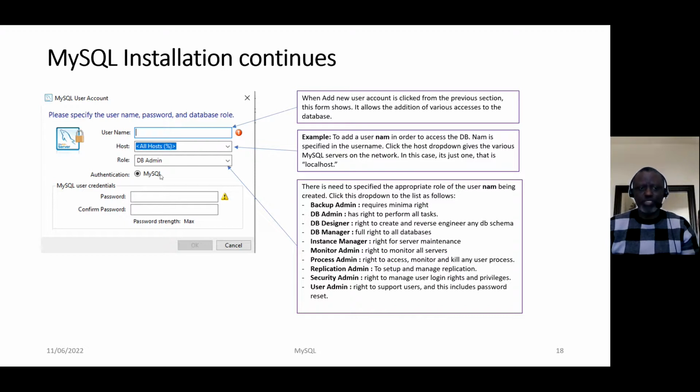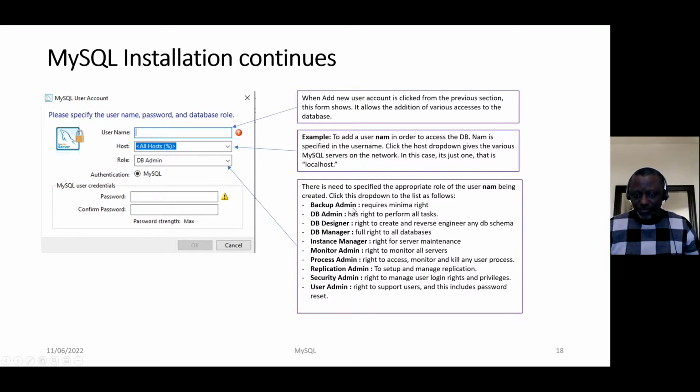Now, the next thing is to determine the role. What role do you want to give the person, the account that you are creating, just to ensure that the user has the appropriate privileges to work? That can be done by clicking on this row here. Then that gives you a list. Now the list given is what we have here.